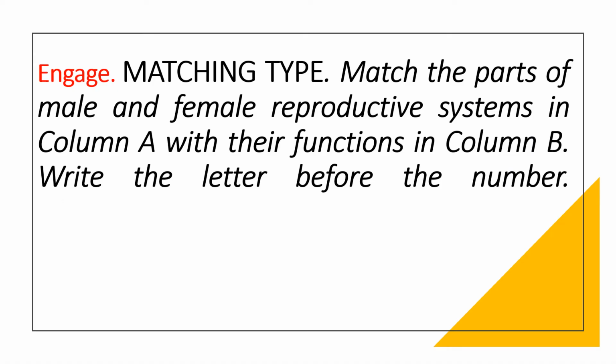Here we go. I think you're already energized. So this time, let us have another activity, and the title is matching type. All you have to do is to match the parts of male and female reproductive systems in column A with their functions that are found in column B. Okay, may I now flash in our activity?